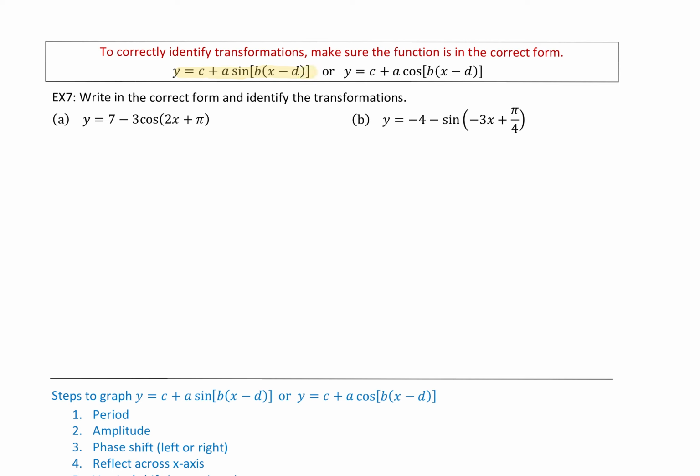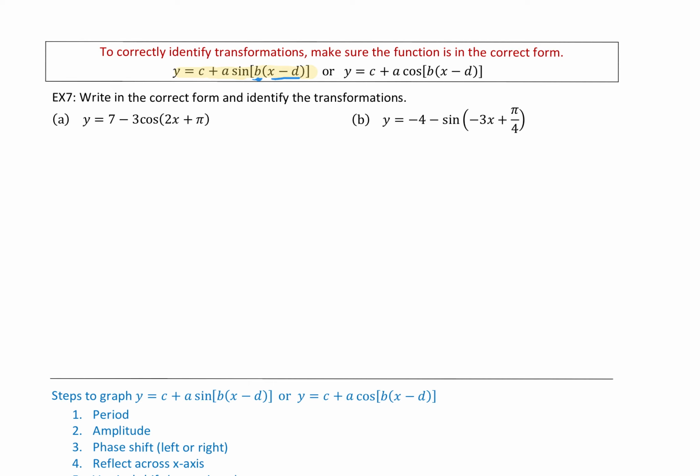So all that's saying is that if there is a value multiplied by the x, you want to factor that value out. So that would be that b value. You want to make sure you factor that value out because that b value will affect your period, but more importantly, it's so that you can correctly identify your phase shift.